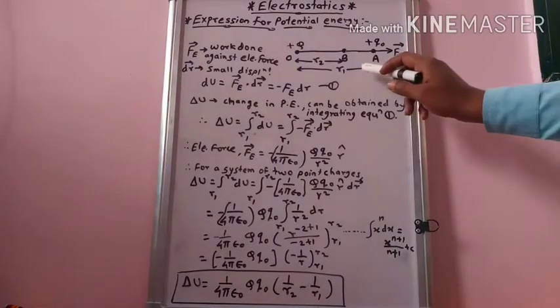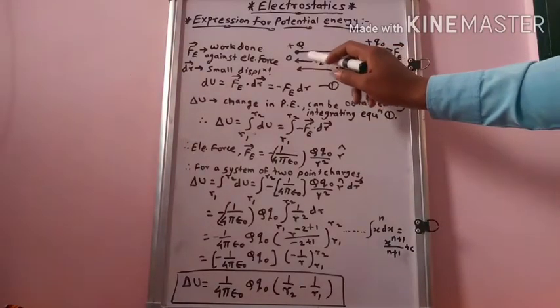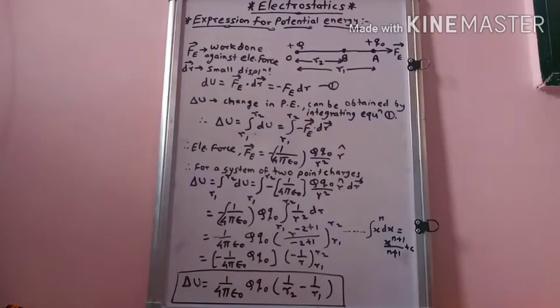It moves from distance R1 to R2 from the origin O, and we know that when the charge is moved, work has to be done.